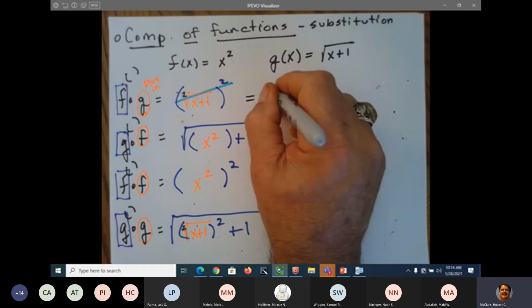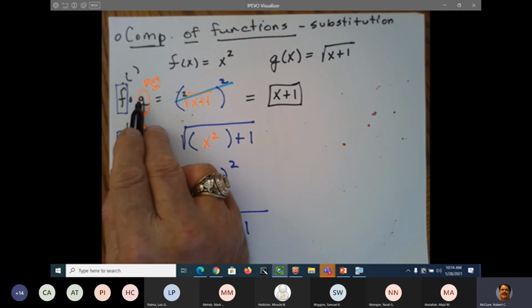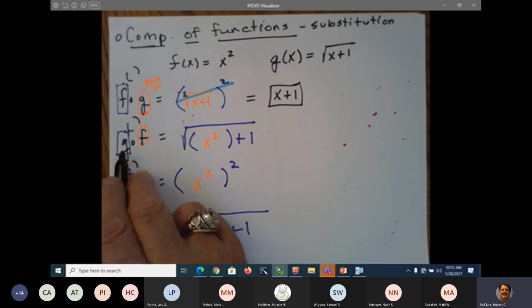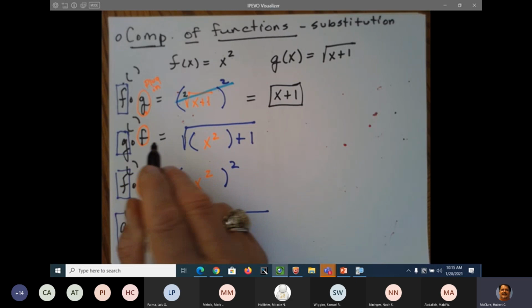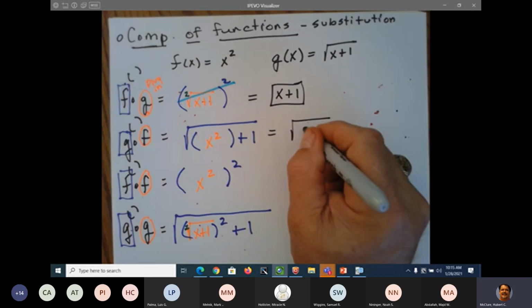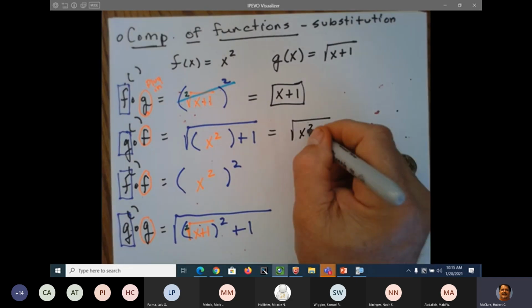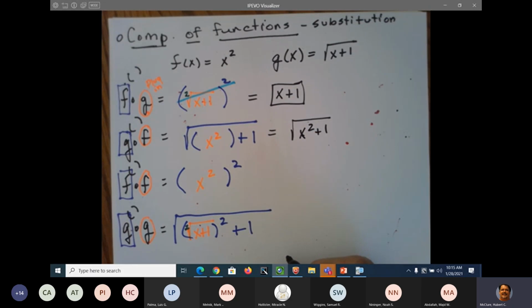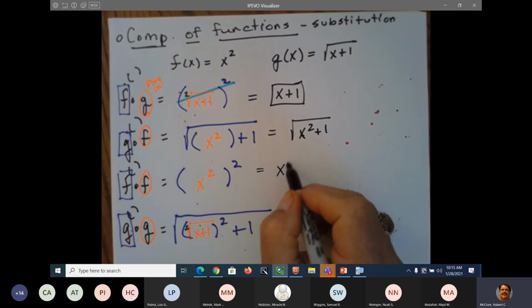So the composition of f composed of g is x plus 1. And the composition of g composed of f is equal to the square root of x squared plus 1. And the composition f composed of f is equal to x to the 4th.